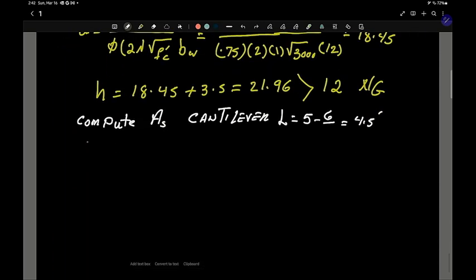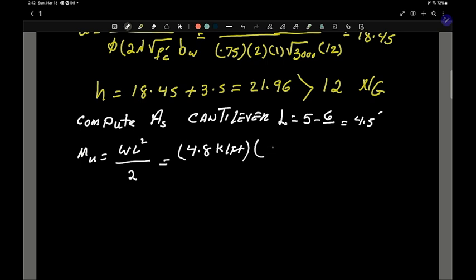If you look at the uniform distributed load, the maximum moment for Mu is wL squared divided by 2. Look in any beam formula table, it will tell you that. And our w was 4.8 kip per foot. And then we have L squared, which is basically 4.5.